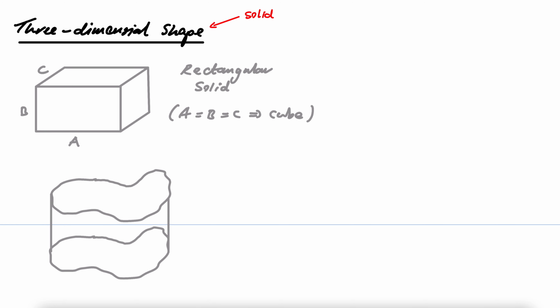So what does this shape look like? Well, maybe it makes it easier to visualize if we think about the following. Imagine that you can't see the back line here. That makes it a bit more obvious what I'm thinking.